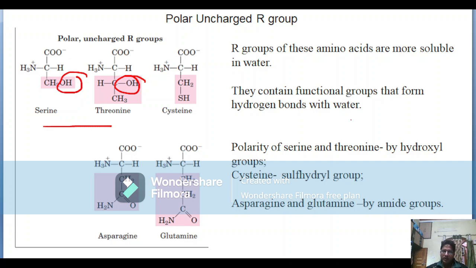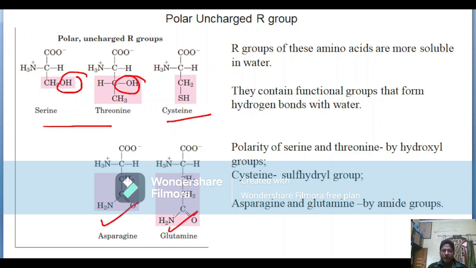Cysteine is another polar R group, where the polarity is contributed by the sulfhydryl group. These amino acids can form a hydrogen bond with water, whereas the polarity of asparagine and glutamine is contributed by the amide group.